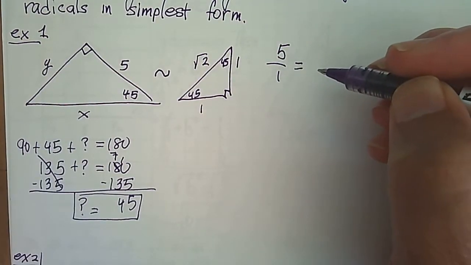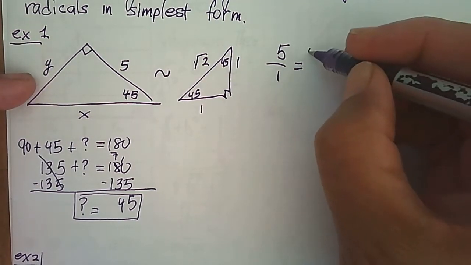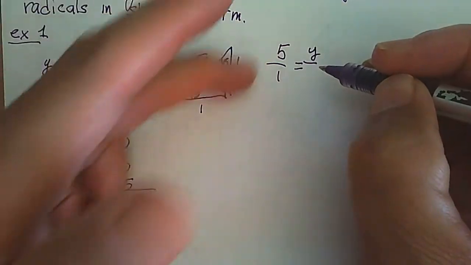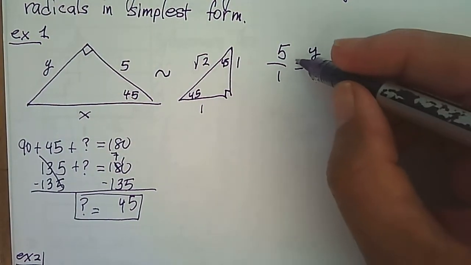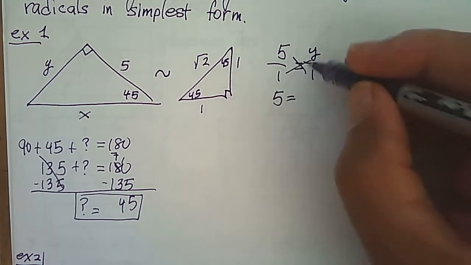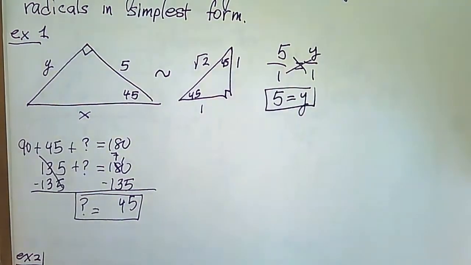Now decide whether you want to find x or y. It doesn't matter. Pick one. Let me do y. y is the other leg, so give me the other leg over here, 1. Cross multiply. You get 5 is equal to y. And that is the answer for y.